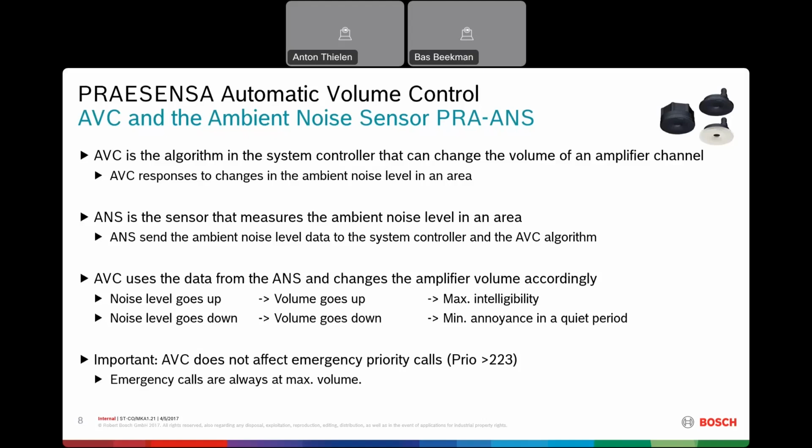So in case the system is in an emergency condition, when you have an evacuation message or an emergency message going on, then the calls are always at maximum volume. At that moment, the ANS, the noise sensor, is not part of it anymore, and the AVC is not in operation anymore at that level.